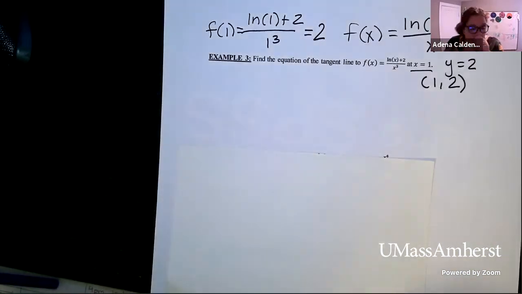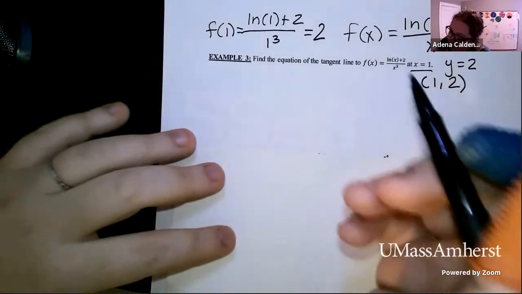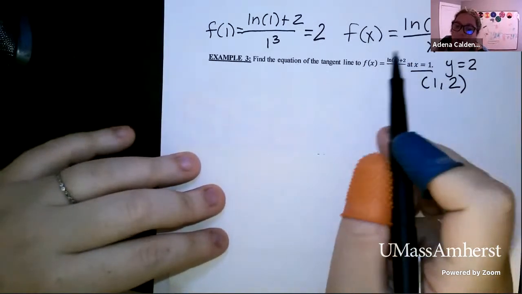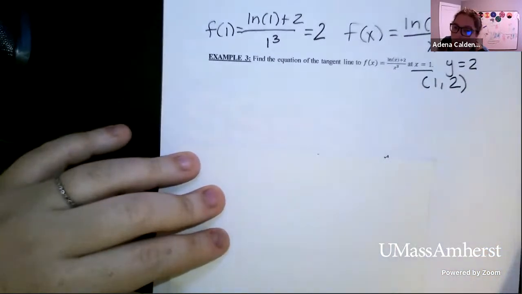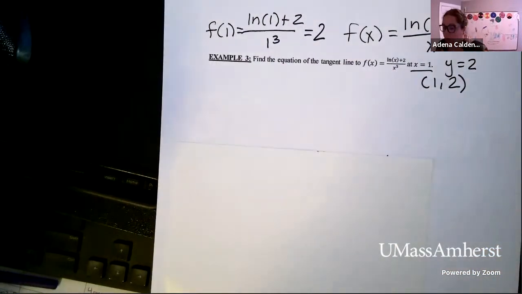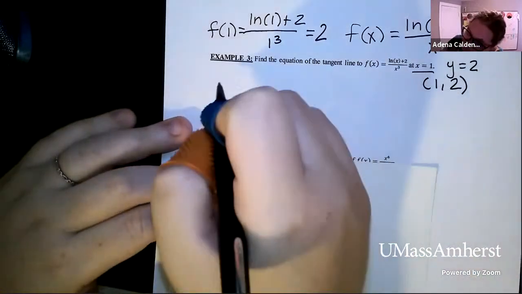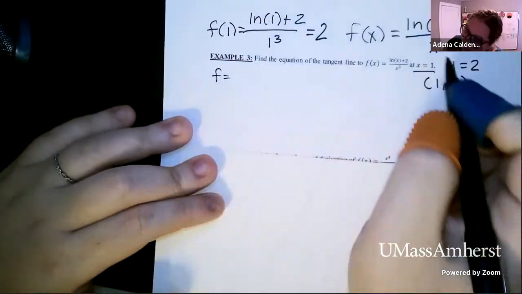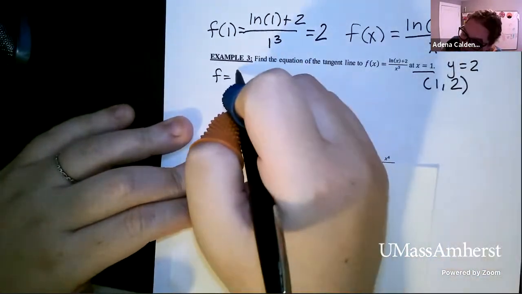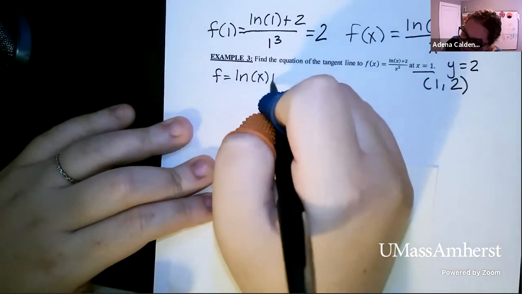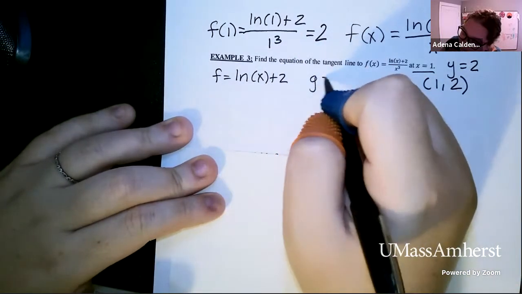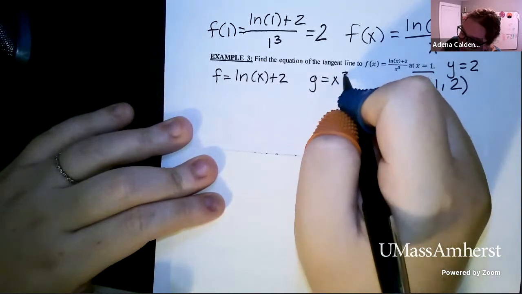The other half is the slope, which we get from the derivative. So here, to find the derivative of this function, we're going to need to do a quotient rule because we have one function over another one. So again, the top part of our function has to be our f. And the bottom part of our function is going to be g.